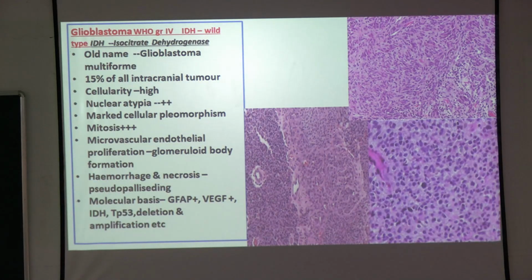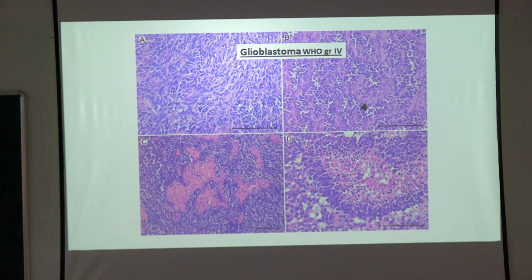But the grade 4, see this: highly cellular, mitosis, these are the things. These are IDH positive, and glioblastoma multiforme is grade 4 with all the features of high grade present. Hemorrhage, necrosis, I will come to later. So, this is highly cellular, highly pleomorphic, with mitosis; this is the pseudopalisading, that is the necrosis, and this is the blood vessel proliferation.